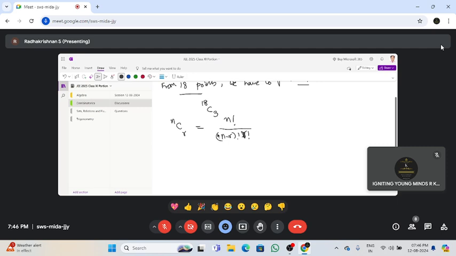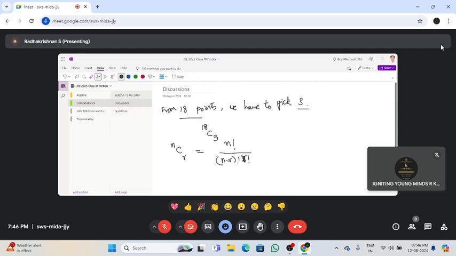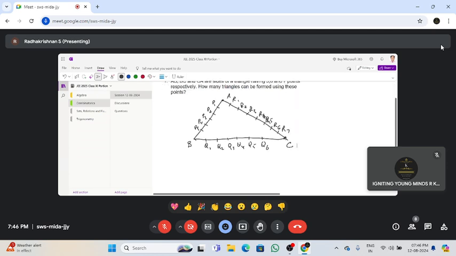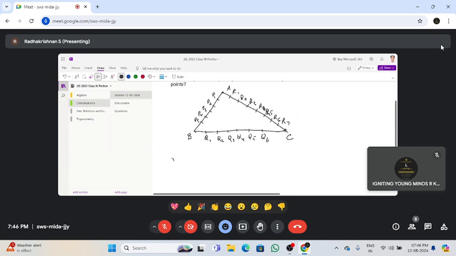Right? Totally there are 18 points, 5 plus 6 plus 7, the total number of points available. So the number of ways in which 3 points can be chosen equals 18C3.